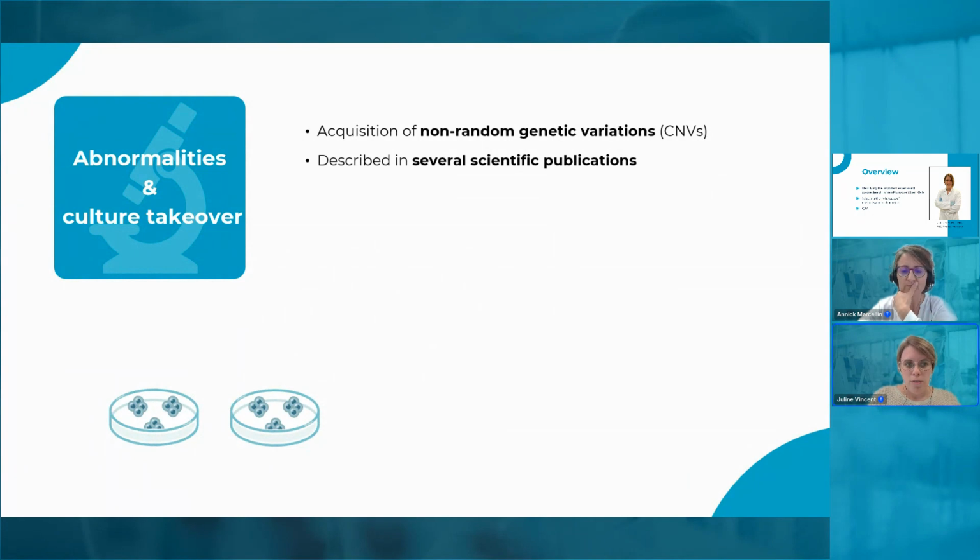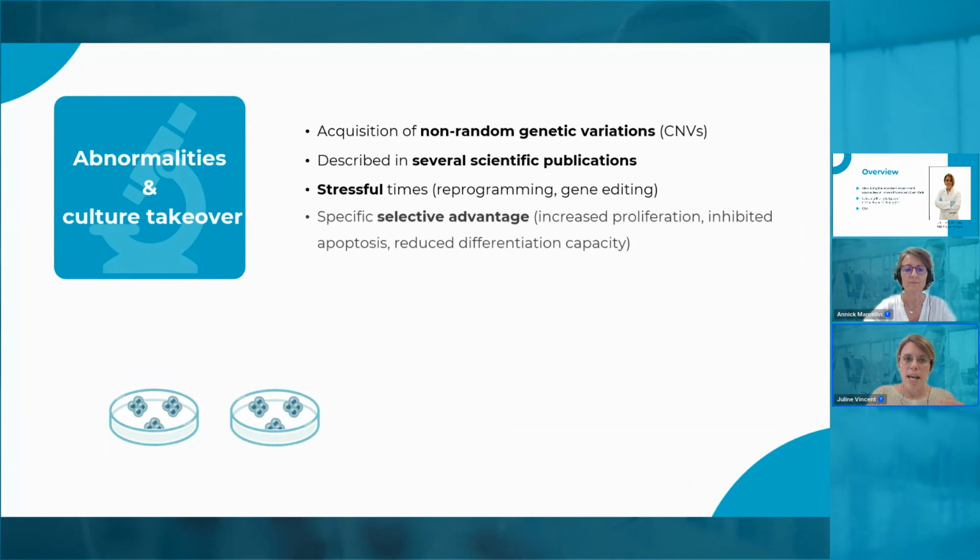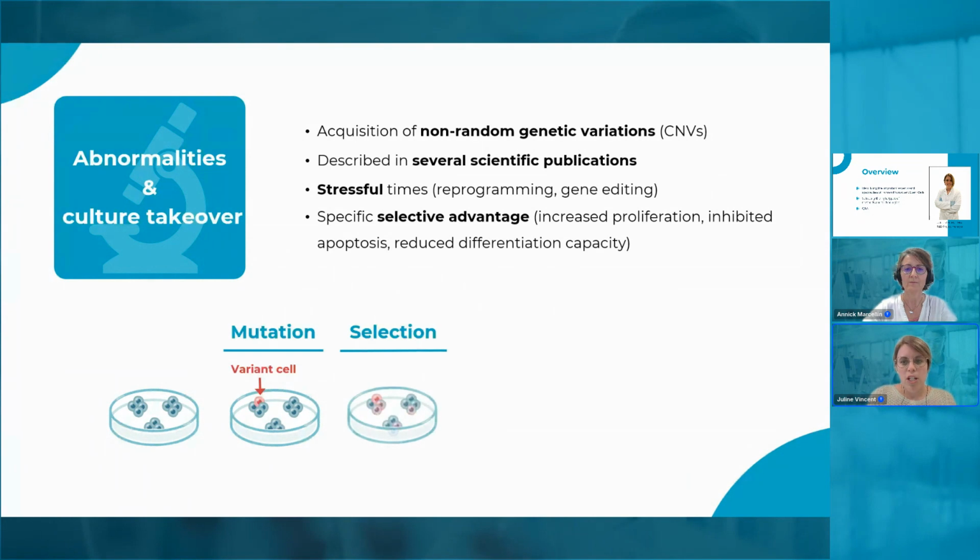This kind of abnormality appears during stressful times like continuous passaging, reprogramming, or gene editing, and confers specific advantages to the cells. Such defects can invade the culture in only 5 to 10 passages.